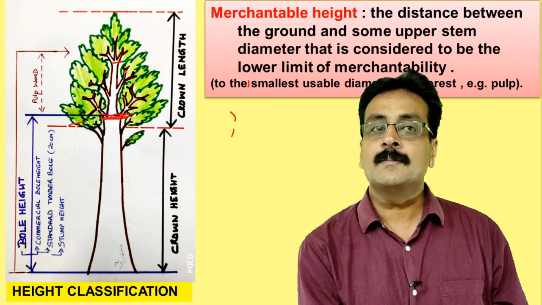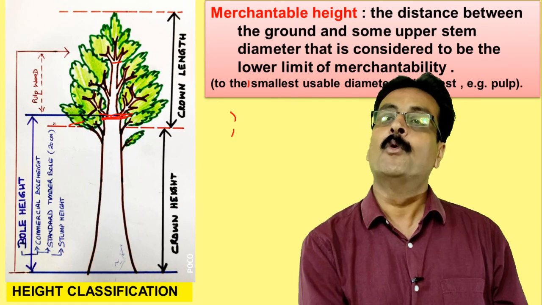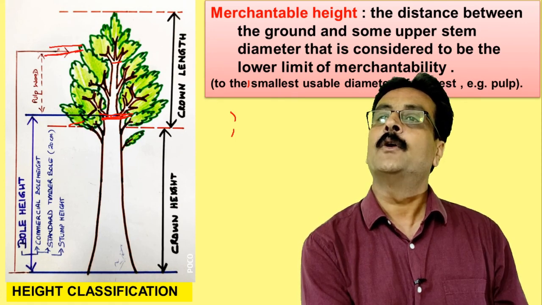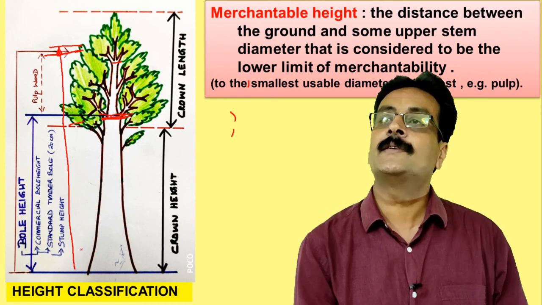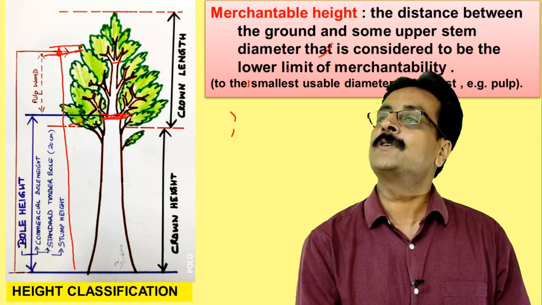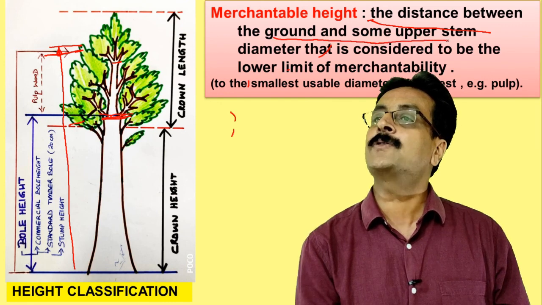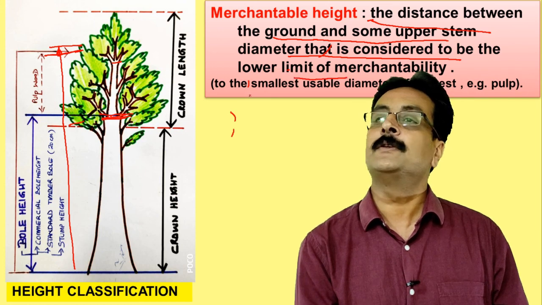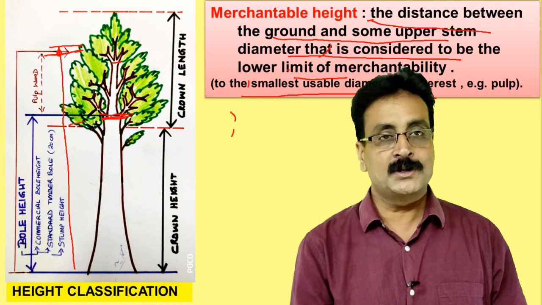It can be used in pulpwood, we can make paper, so we can increase the height beyond the standard timber bole. When we take a height where we get pulp value up to here and timber value up to here, we call it merchantable height. So it is the distance between the ground and some upper stem diameter that is considered the lower limit of merchantability, the smallest usable diameter of interest. This is called merchantable height.